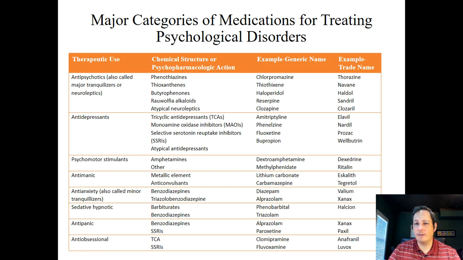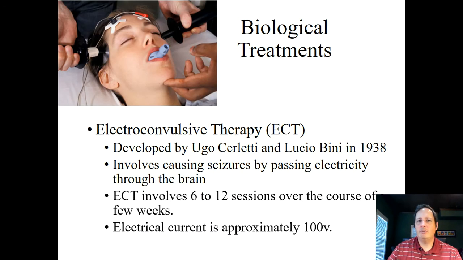So what other sort of biological treatments are there? Okay, so in addition to medication, something that we can do is electroconvulsive therapy, or ECT. Now, this was developed by Ugo Cerletti and Lucio Bini back in 1938.